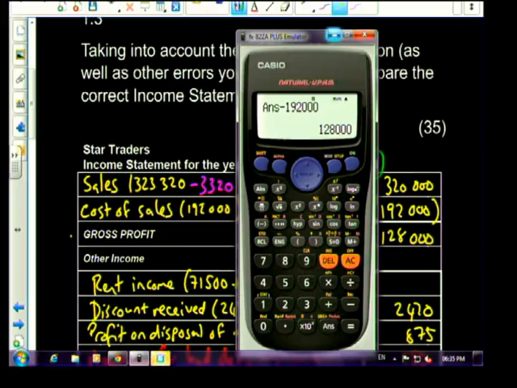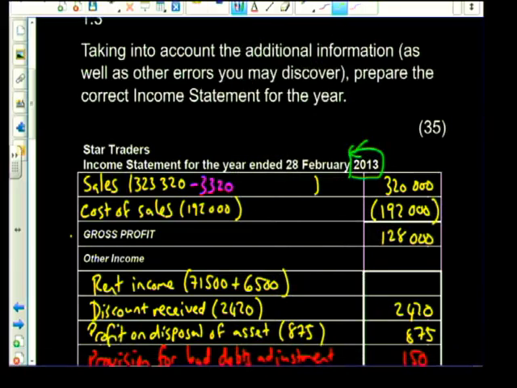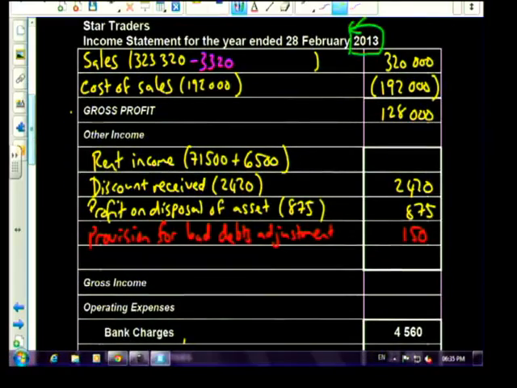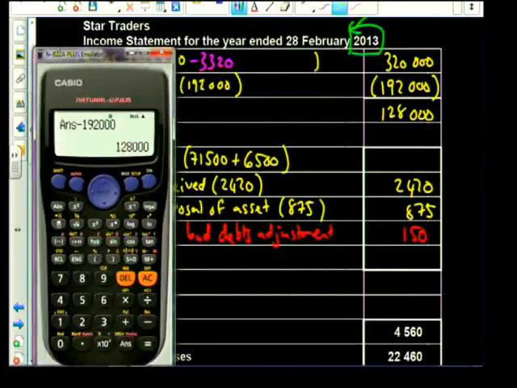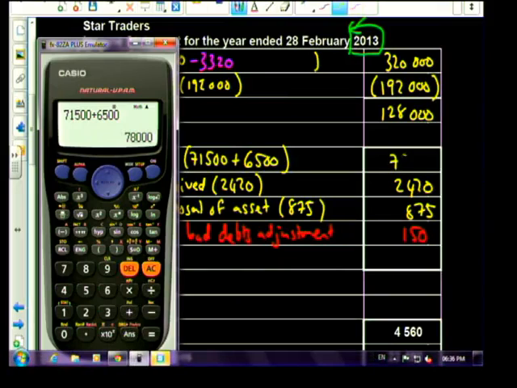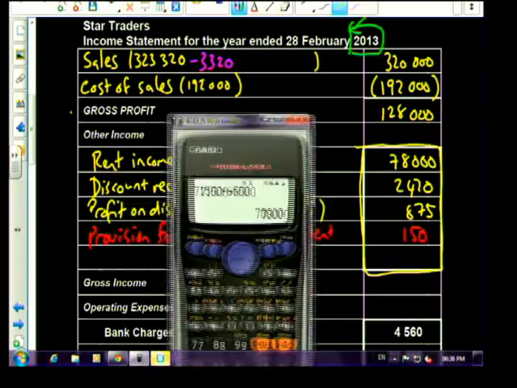Now I just need to add all the various numbers in brackets. So the 71,500 plus the 6,500, which was the adjustment, is going to give me my rent income. That comes to 78,000, which I'm going to write in here. And then remember, I need to add everything in this box to put the answer at the top as my other income.